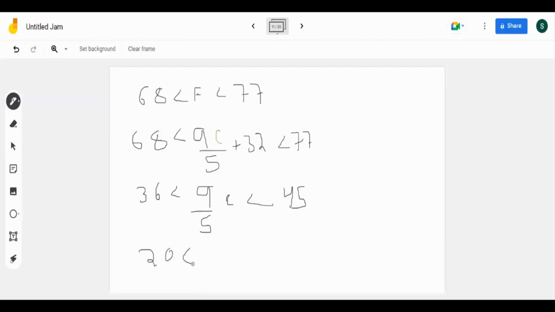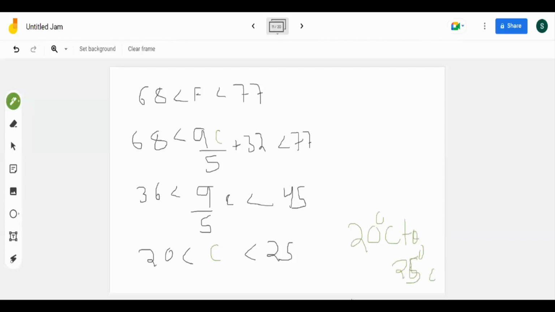So 20 less than or equal to C less than or equal to, multiplying 5 by 9 by 5, we get 25. So we got our range of C, that is 20 to 25. So the solution must be kept between 20 degrees Celsius and 25 degrees Celsius.